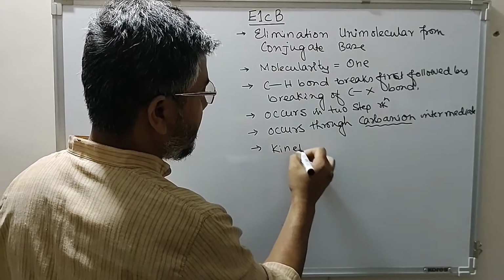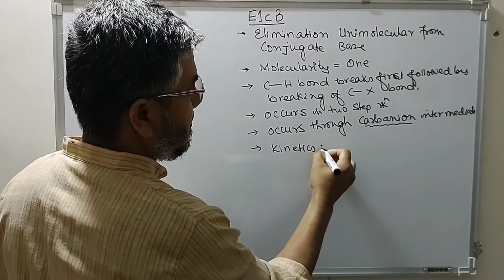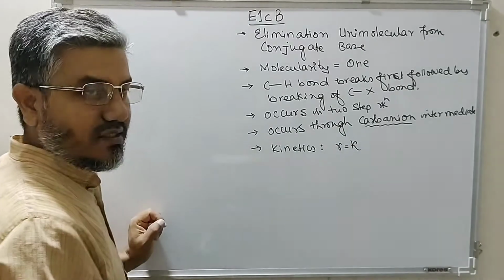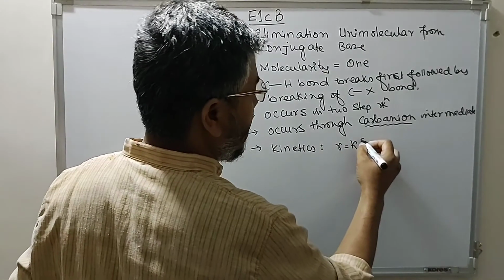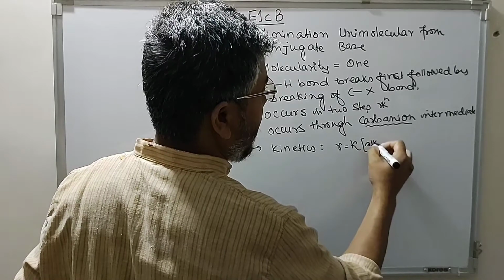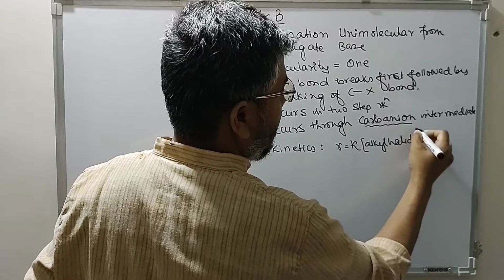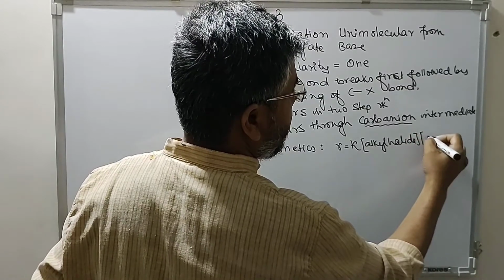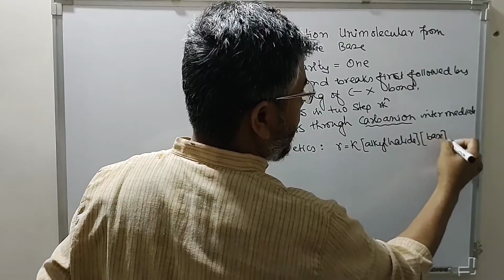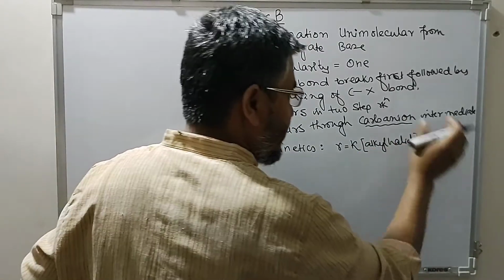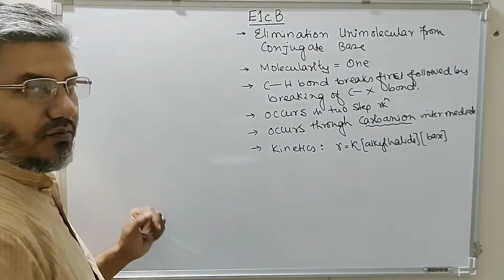Kinetics for this reaction, the rate of reaction is equal to some constant known as specific rate constant into concentration of alkyl halide into concentration of base. So reaction is first order with alkyl halide and first order with base.